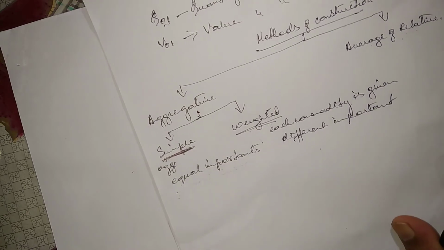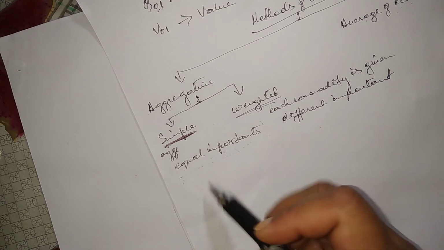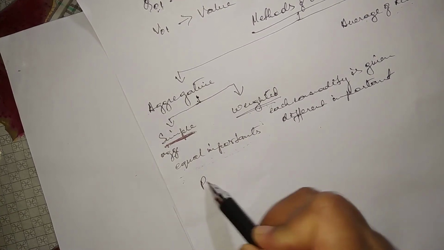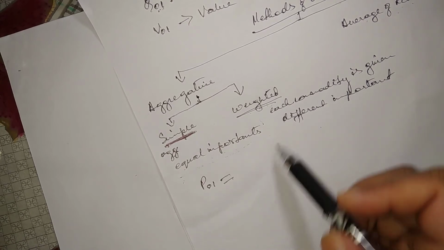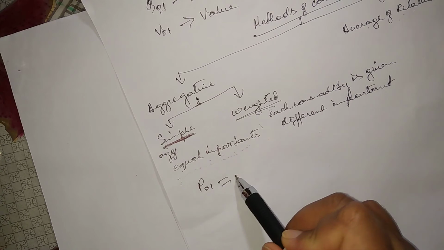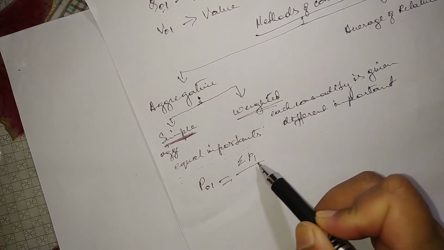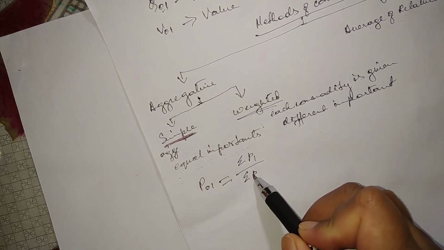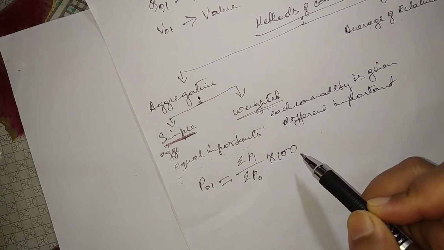Got it? So under simple aggregate, the price index of the current year on the base year is given by the summation of the price of the current year, sum of P1, divided by the summation of the price of the base year, sum of P0, multiplied by 100.